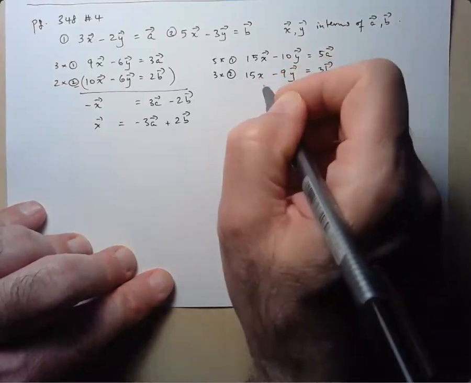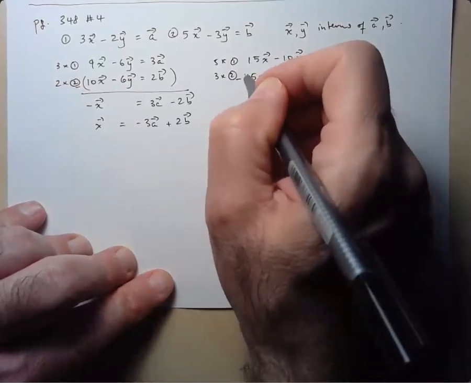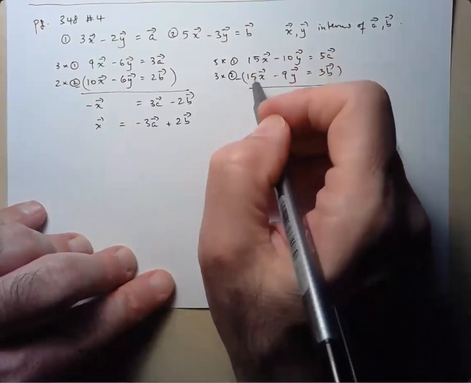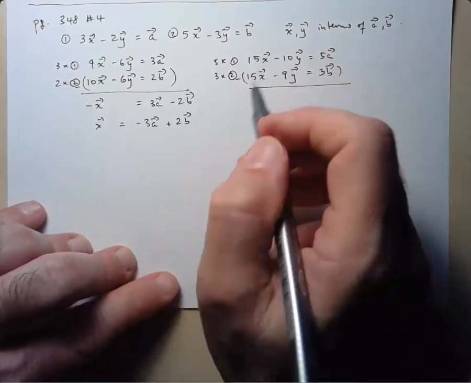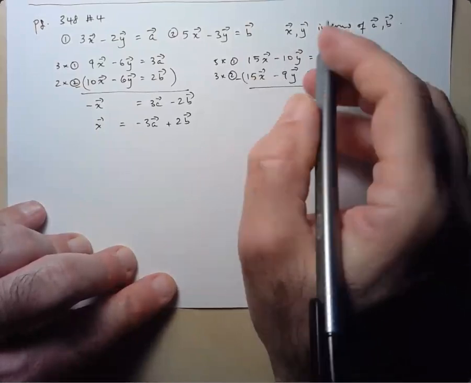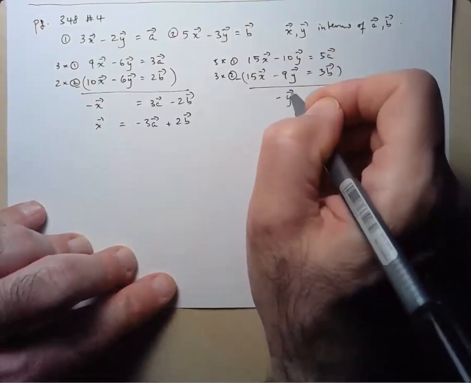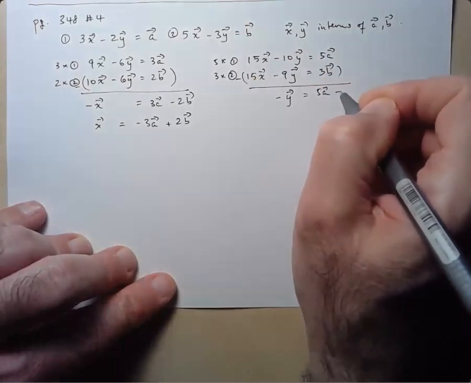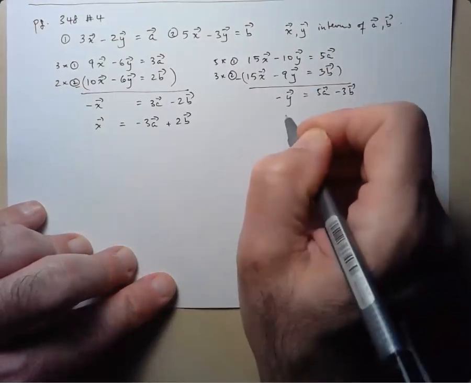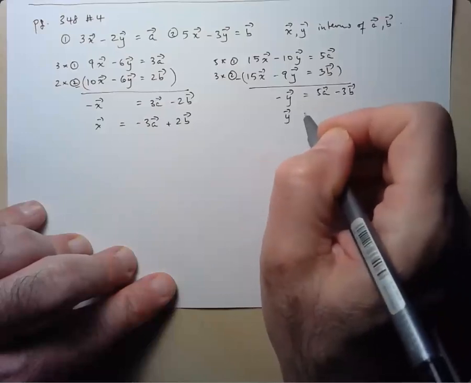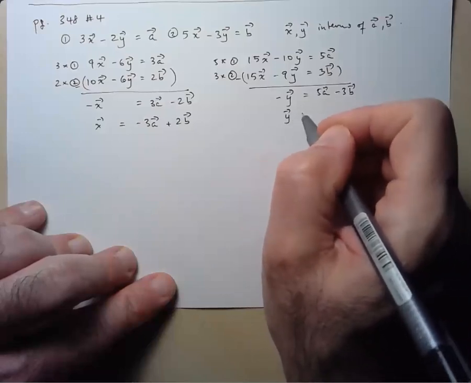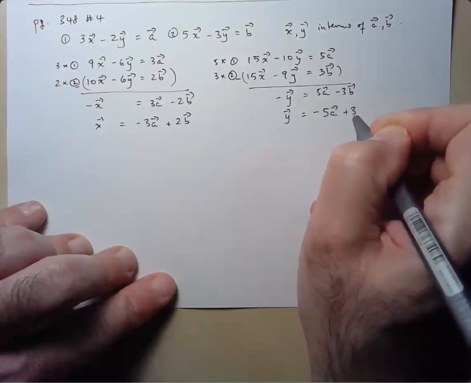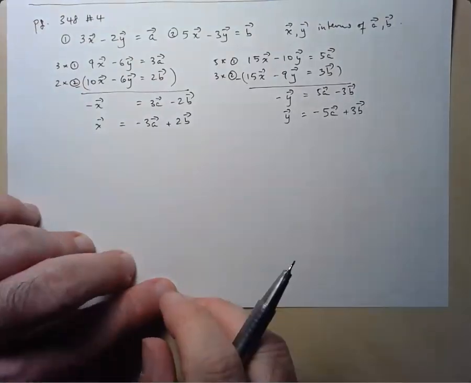And now here I'm going to subtract again. What do we have? 15x minus 15x gives me the 0 vector. Negative 10 plus 9 gives me negative vector y. And this gives me 5a minus 3b. And again, I can just multiply both sides by negative 1 to get y equals negative 5a plus 3b.